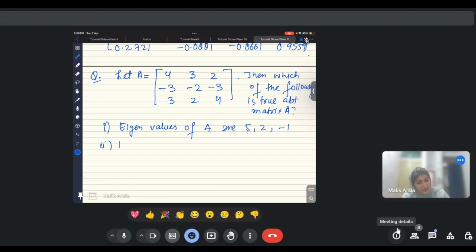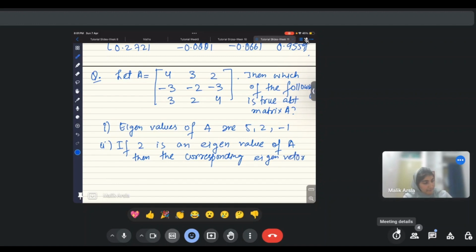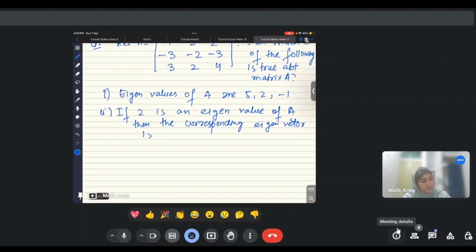Second is, if 2 is an eigenvalue of A, then the corresponding eigenvector is (1, 0, 3) transpose.